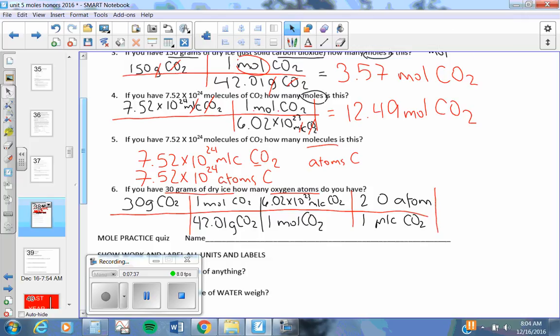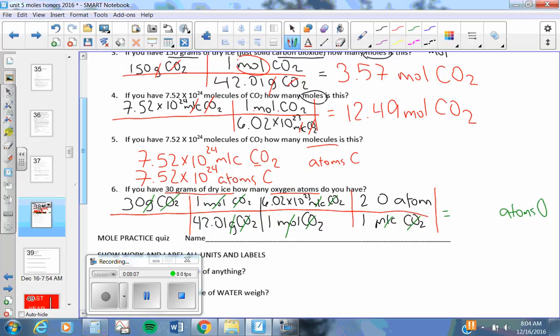We're going to see what values we can cross out. Grams cross out with each other. Our moles cross out with each other. And our molecules cross out with each other. What about our labels? CO2, CO2, and CO2. In this case, we know that our units are going to be atoms of oxygen.